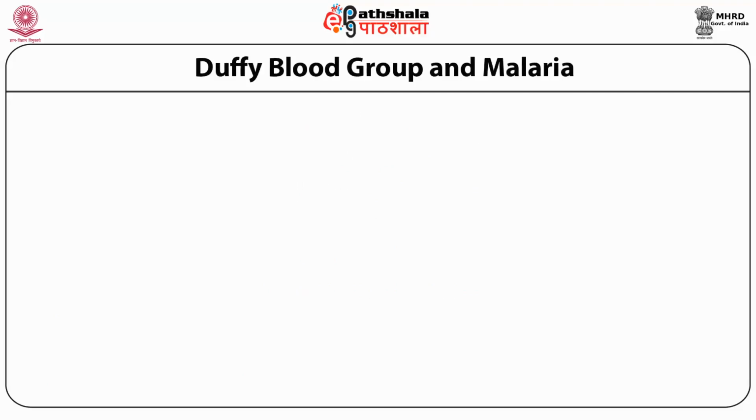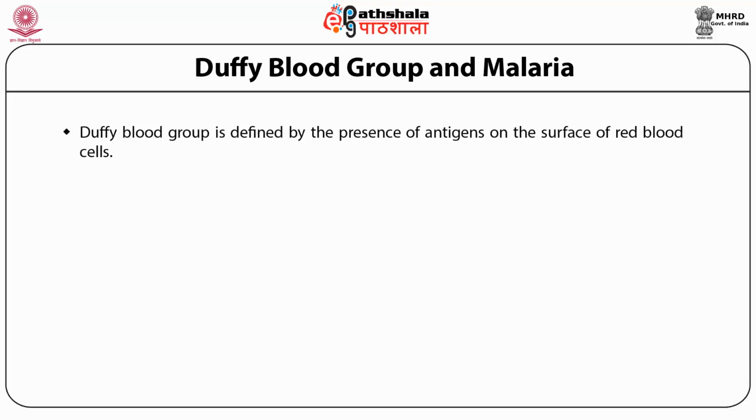The next case study to show the operation of natural selection in nature is the Duffy blood group and malaria. As we know, a number of genetic traits show evidence of natural selection because of malaria, including hemoglobin alleles, thalassemia, and the enzyme deficiency G6PD. The Duffy blood group is also one such trait. The Duffy blood group is defined by the presence of an antigen on the surface of red blood cells.